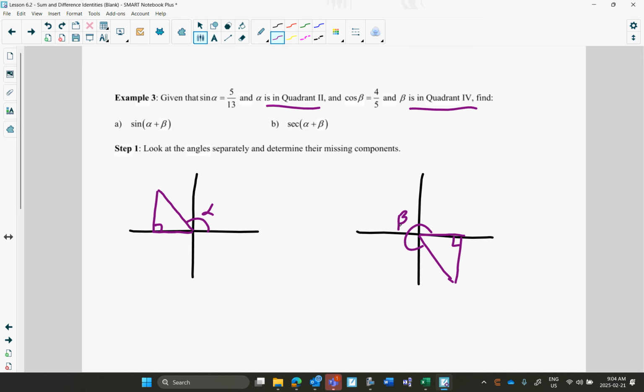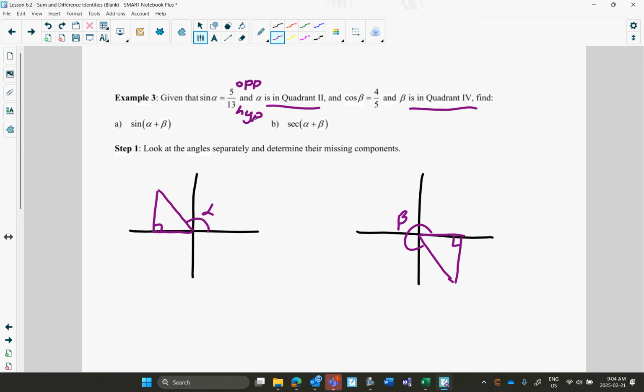In the question, it will always tell you two sides. So somehow you have to look in the question and figure out, okay, 5 and 13 are two sides. The question is, where do they go? Well, sine. Doesn't that mean opposite over hypotenuse?